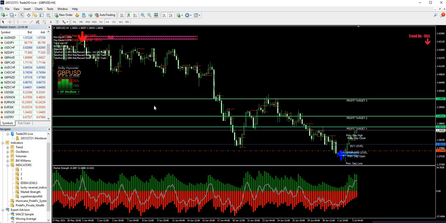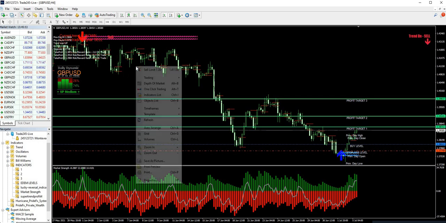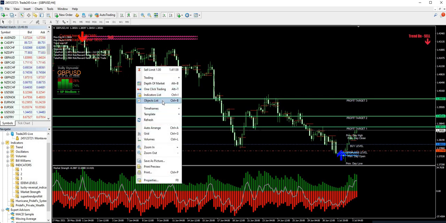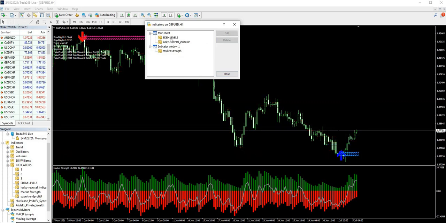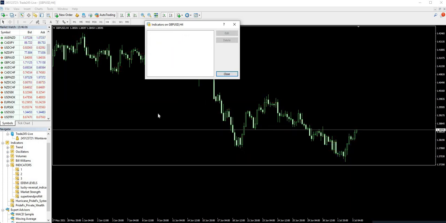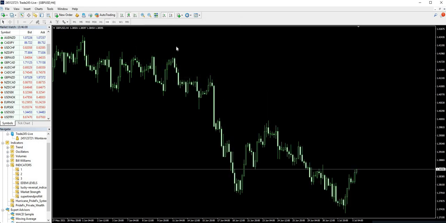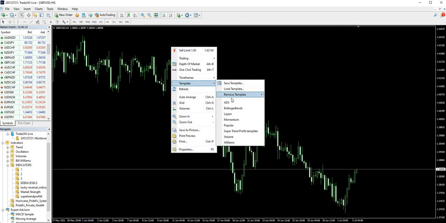Okay, so what I have done is I noticed that we don't need all these indicators. So I'm going to delete them because I don't really need them all, and I'll tell you why. Let's just delete them and restart from the beginning. The first thing we need to do, obviously, is our template needs to be there.